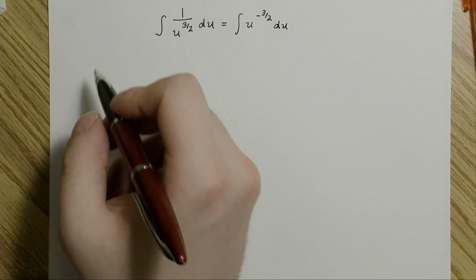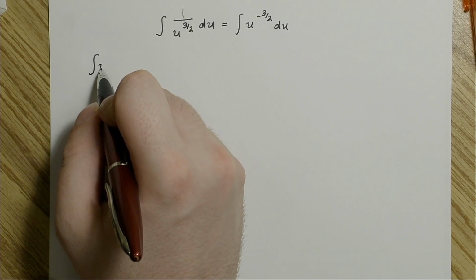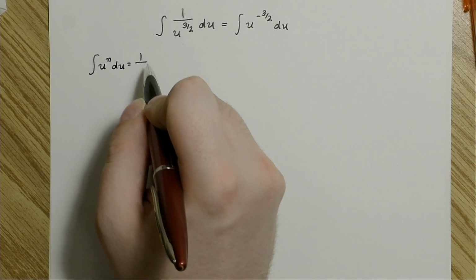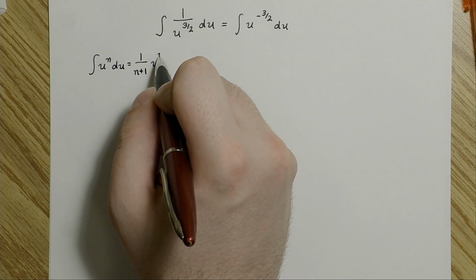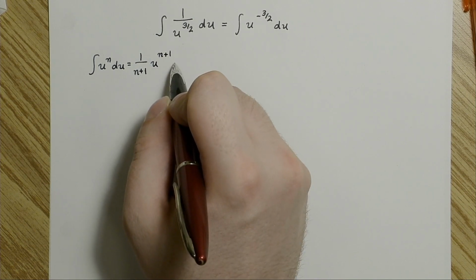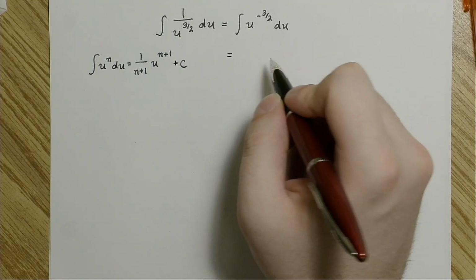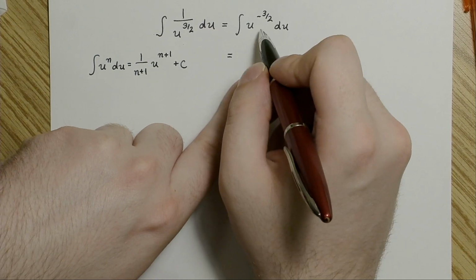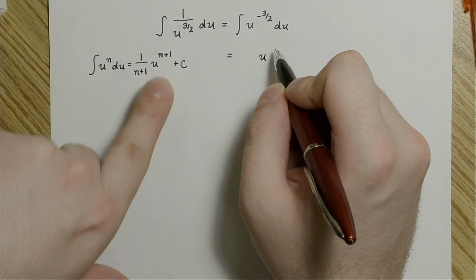So again, the rule for us is the integral of u to the n du is equal to 1 over n plus 1 times u to the n plus 1 plus a constant. So that means if I apply the rule, I have my u, and it needs to go up by 1.